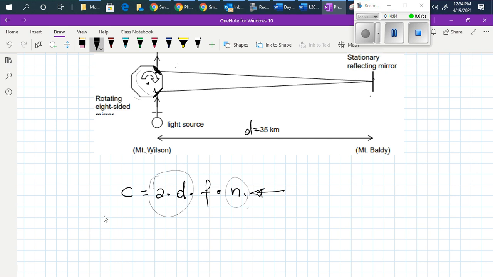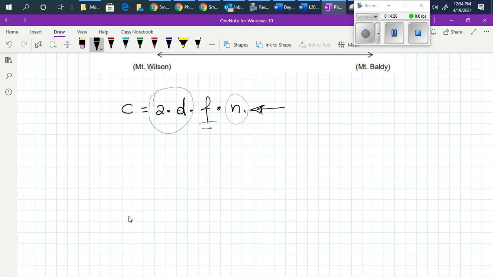N is the number of sides of the mirror, and the frequency is the frequency of the rotation of the mirror. If we have a problem dealing with the Michelson experiment, you will see something like this: in a Michelson type experiment, a rotating 8-sided mirror was placed 50 kilometers away from the reflective mirror.